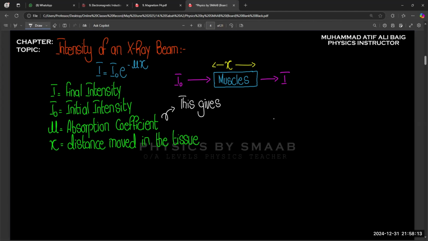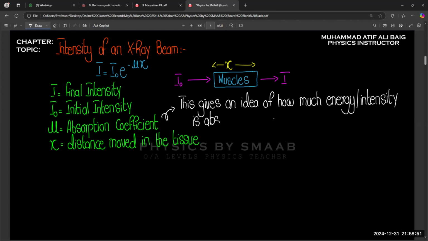It gives an idea of how much energy or intensity is absorbed per unit meter by a tissue.